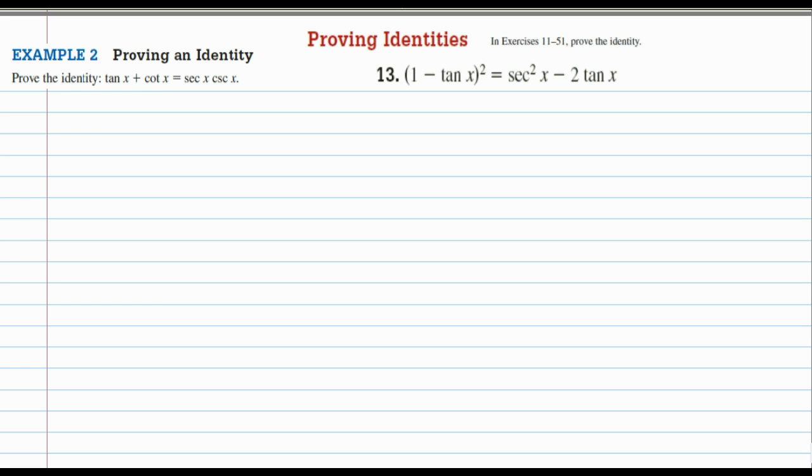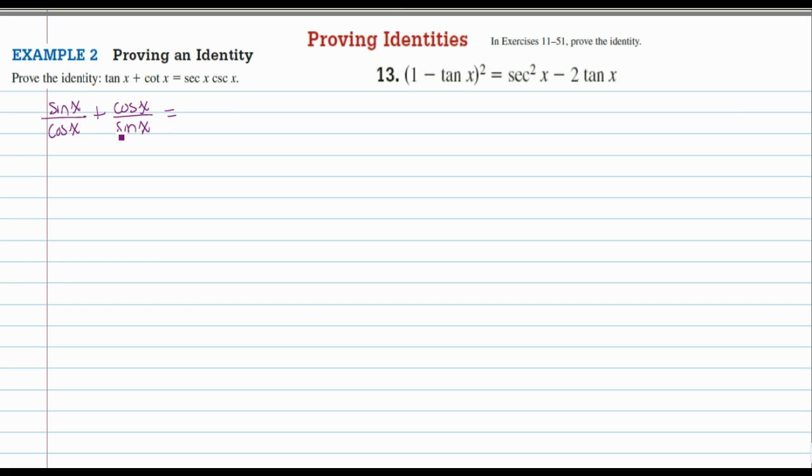I'm just going to change everything to sines and cosines and see if that lends me a direction to go. So tangent of x is sine of x over cosine of x, and cotangent of x is cosine of x over sine of x. Make sure I put my equal sign off to the right to show my grader, me, that I'm only working with the left side all the way down.